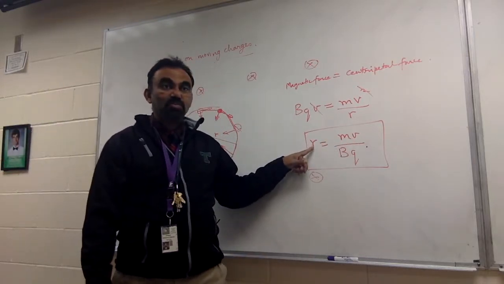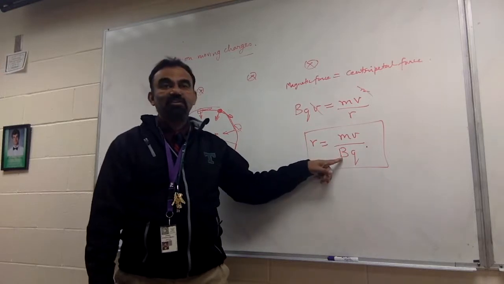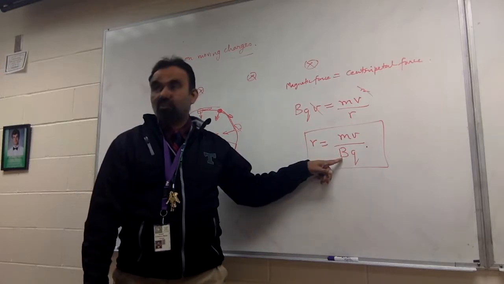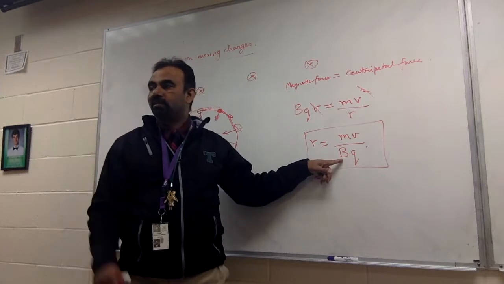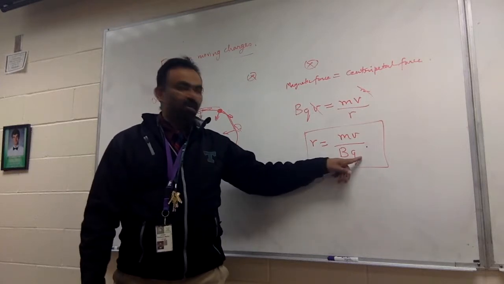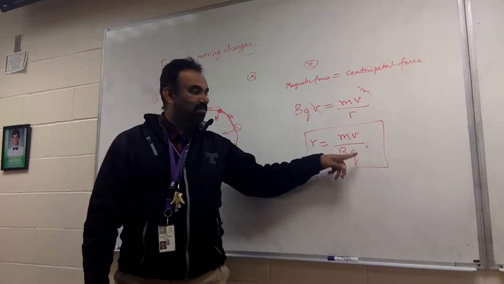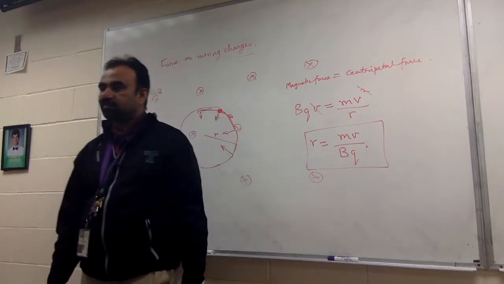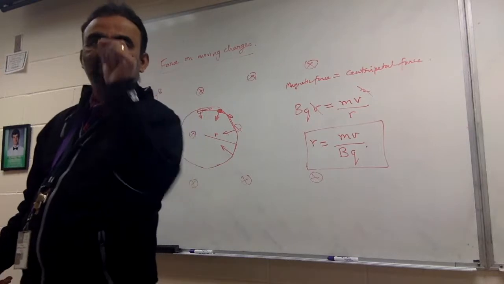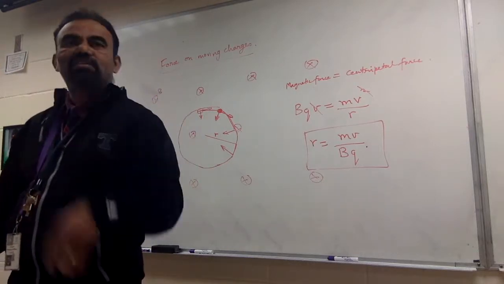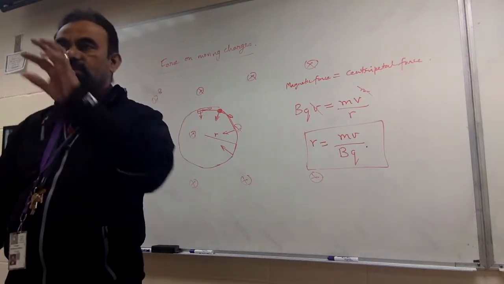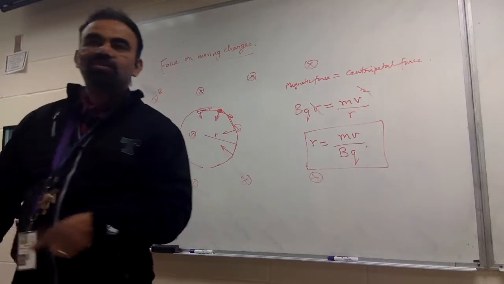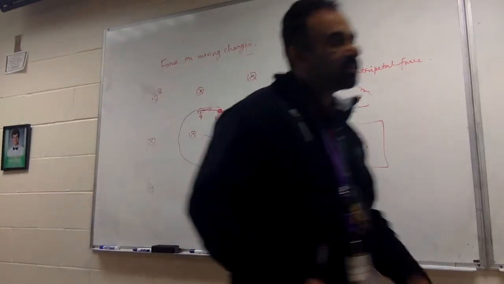Radius is going to be smaller if the magnetic field is stronger. So if it's a strong magnetic field, it will turn it pretty quick. And also the charge. If it has more charge attached to it, it's going to take a smaller turn. Instead of singly charged, if it is charged multiple times, then it's going to take a smaller radius.